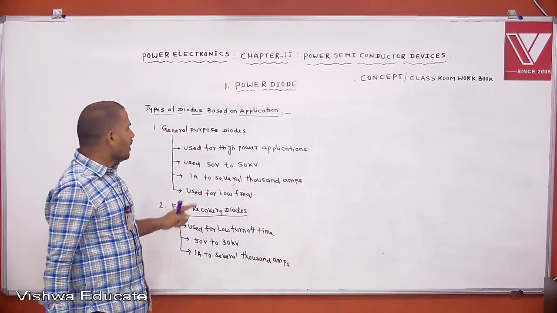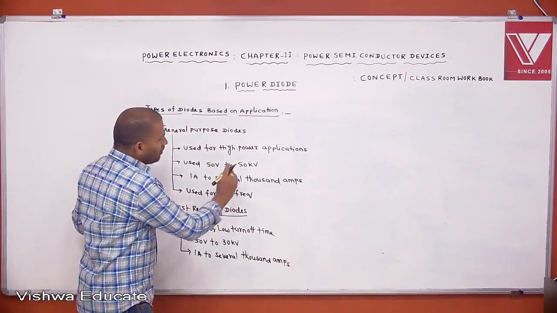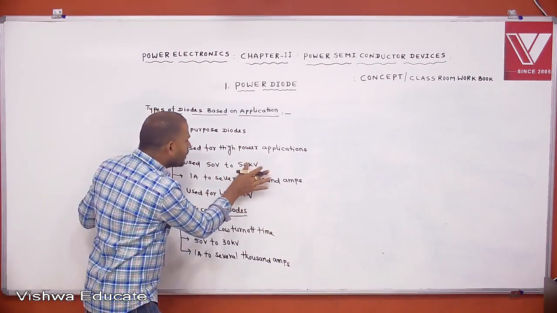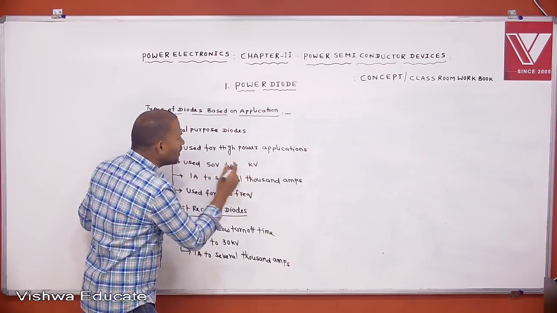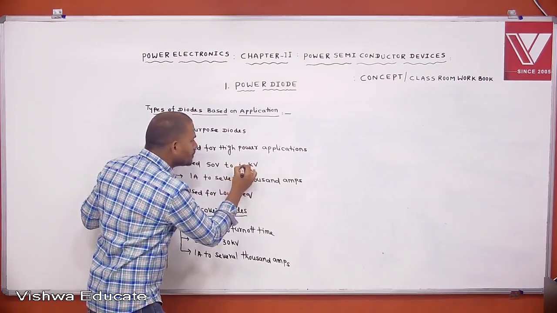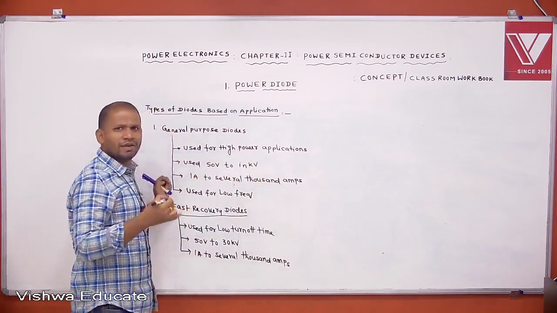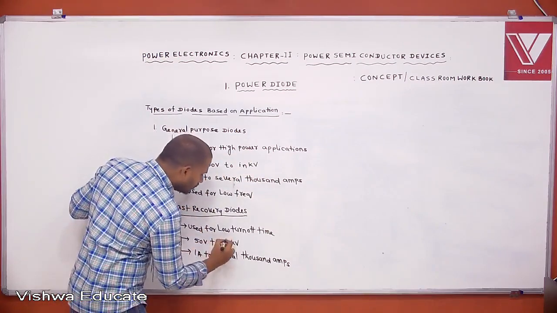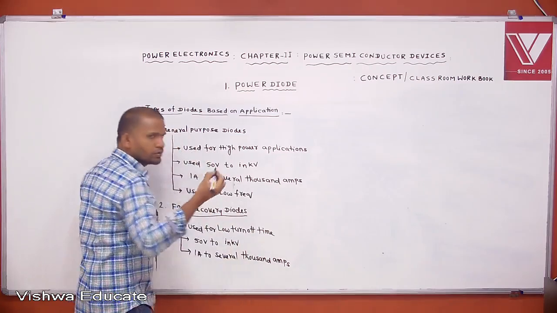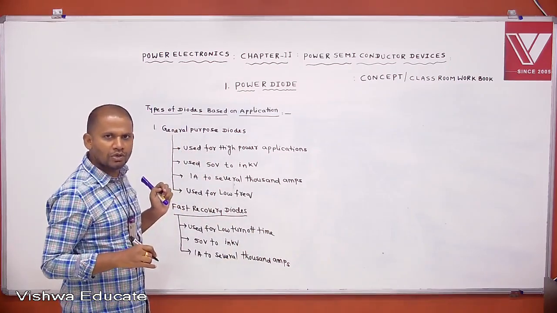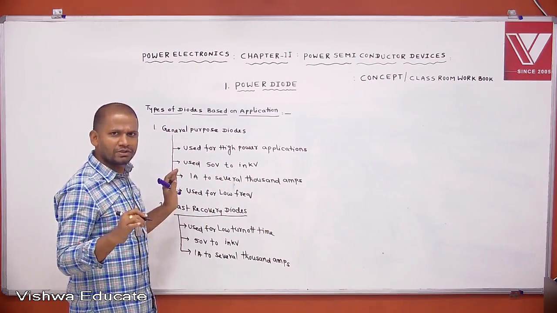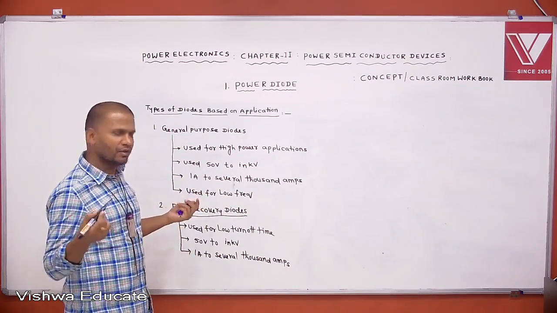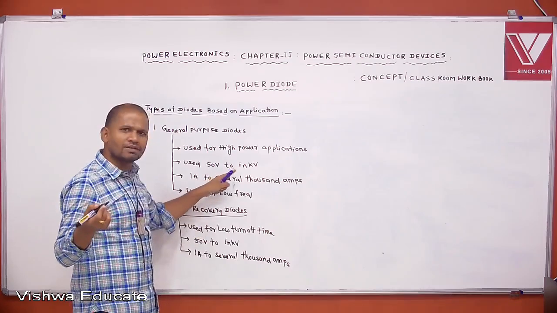These are used from 50 volts to maybe greater than 50 kilovolts also, or you can give the range in kilovolts. That depends on the rating; recently the range has been extended through manufacturing, so it is not a constant value.